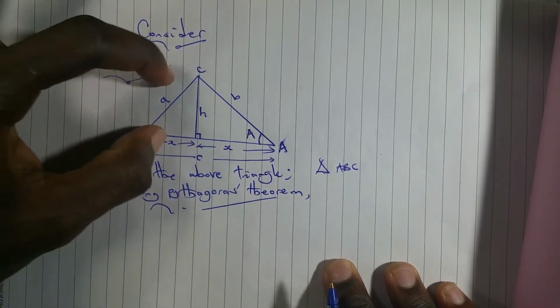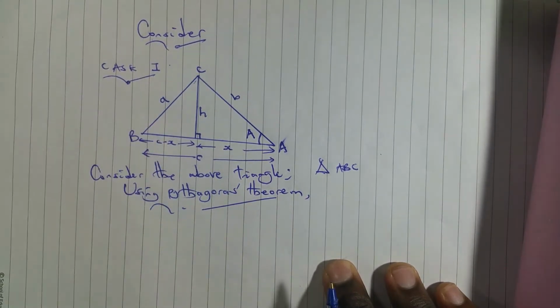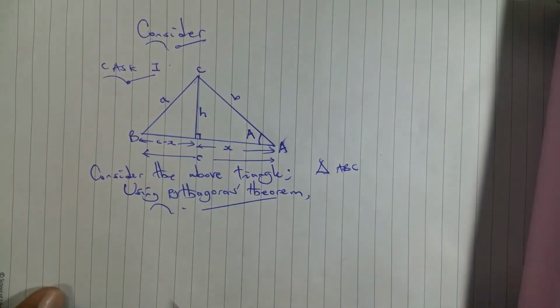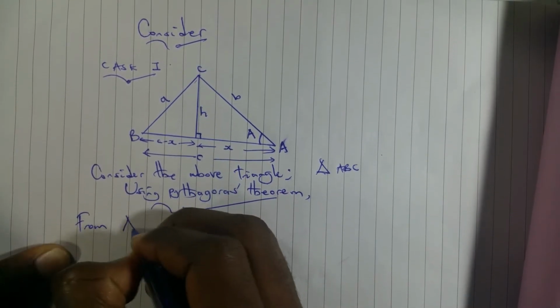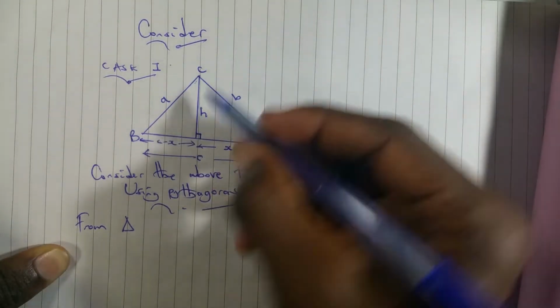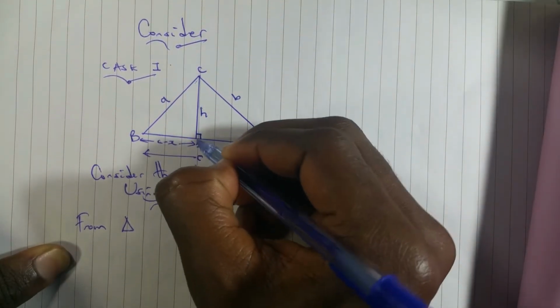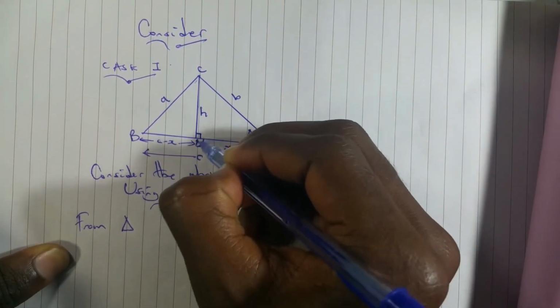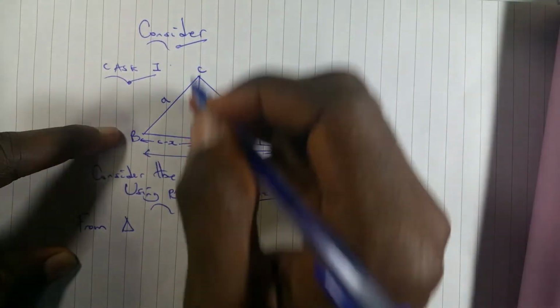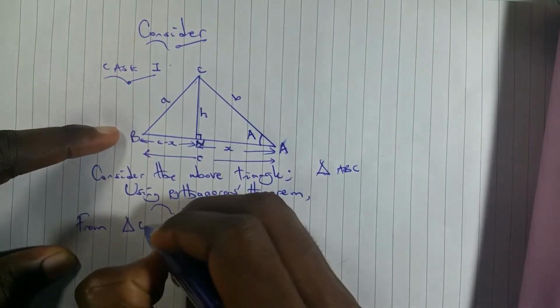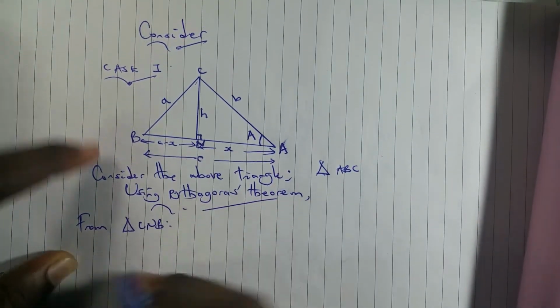Let's start by considering this triangle here. Let us name here to be N, where the perpendicular meets the base. We have triangle CNB.